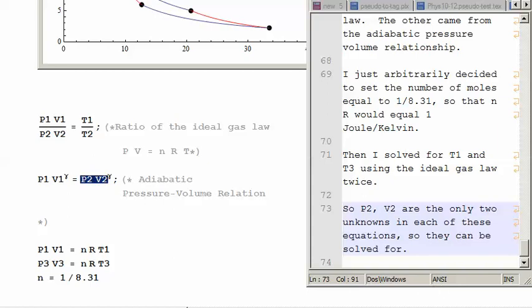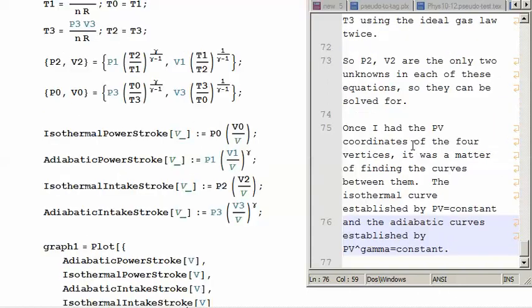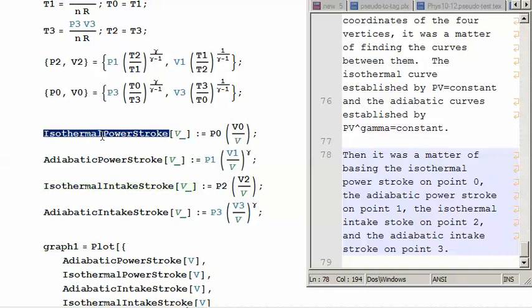Once I had the PV coordinates of the four vertices, it was a matter of finding the curves between them. The isothermal curves were accomplished by pressure times volume equals constant, and the adiabatic curves were established by pressure times volume to the power of gamma equals constant. Then it was a matter of basing the isothermal power stroke on point 0, the adiabatic power stroke on point 1, the isothermal intake stroke on point 2, and the adiabatic intake stroke on point 3.